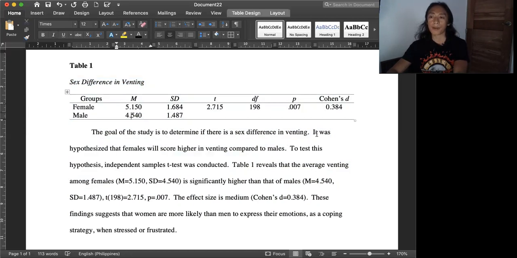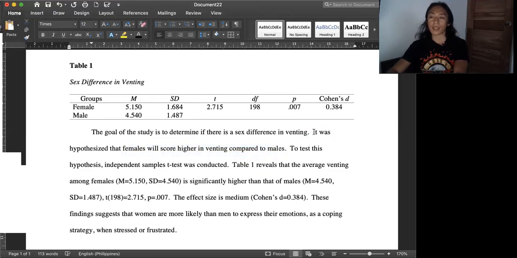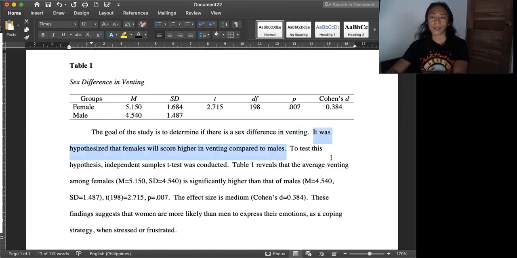And if you remember, we hypothesized that females will score higher in venting compared to males. And that's exactly what I said here. It was hypothesized, so I'm using past tense because we hypothesized this earlier. It was hypothesized that females will score higher in venting compared to males.